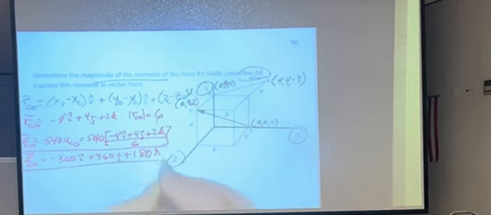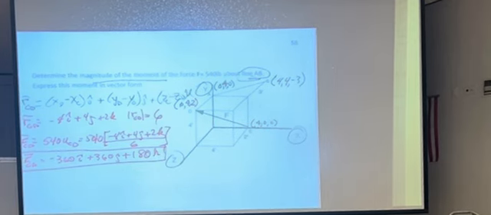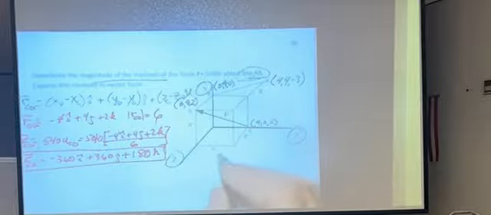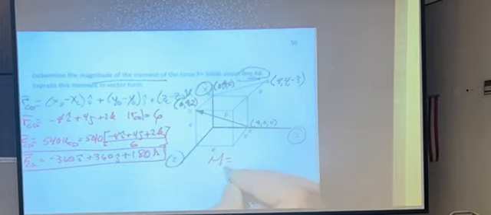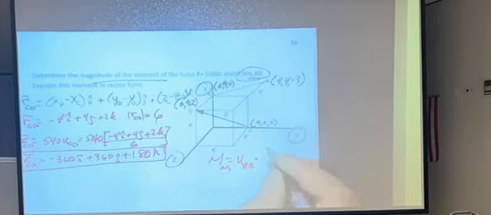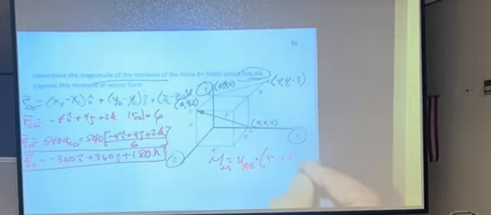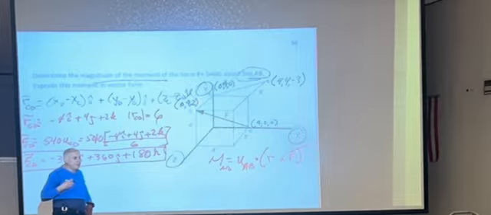Bingo, I have the force in IJK format. Now remember, what am I trying to do? I'm trying to do moment about AB is equal to unit vector AB dotted with an R cross F. I just found F. I need a unit vector AB.